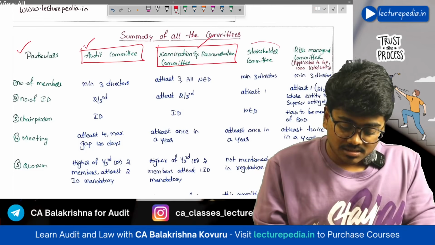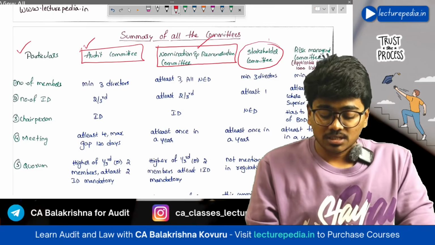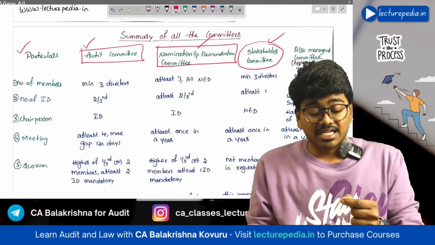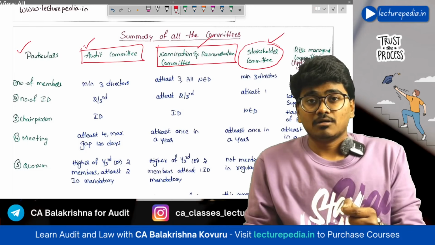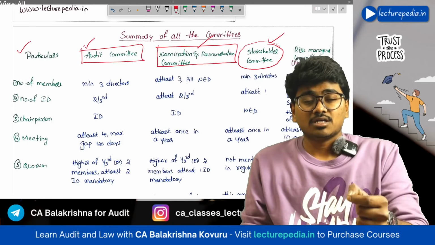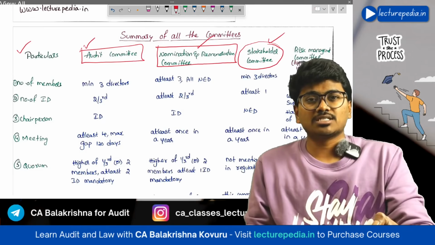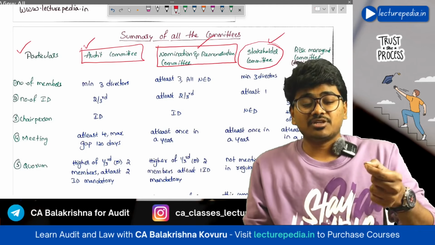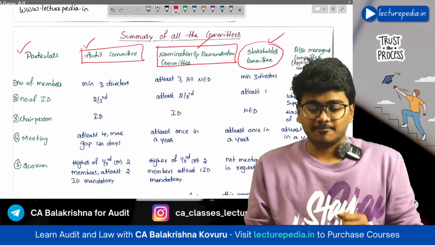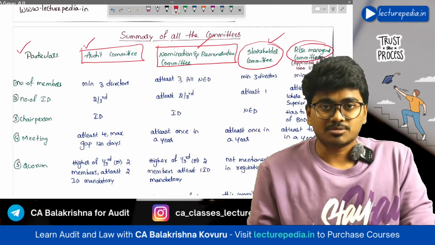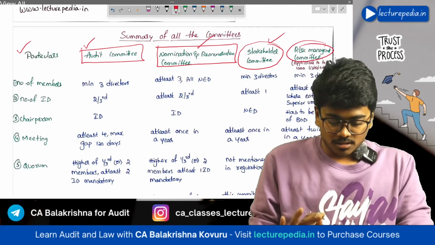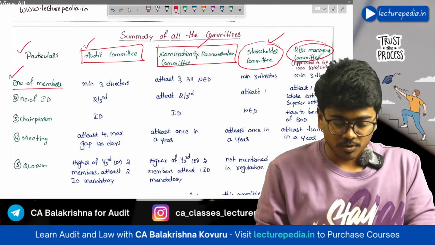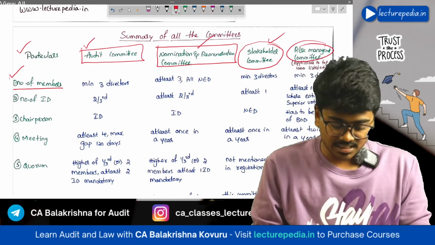And the stakeholder committee will deal with the issues of stakeholders. If the shareholders are facing any issues or have any complaints, then those complaints will be handled by the stakeholder committee. And finally, the risk management committee. Now with respect to these committees, number of members. How many members must be present in the audit committee?